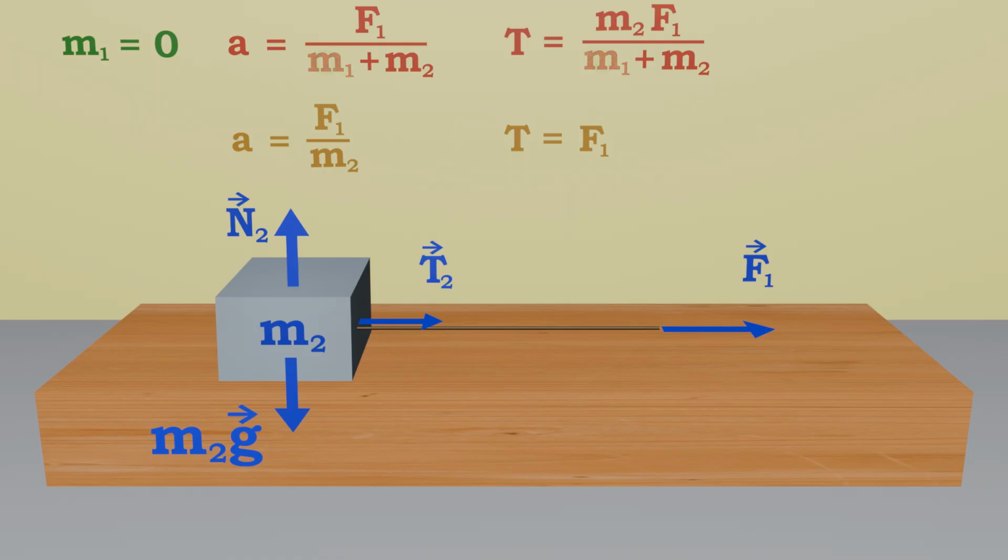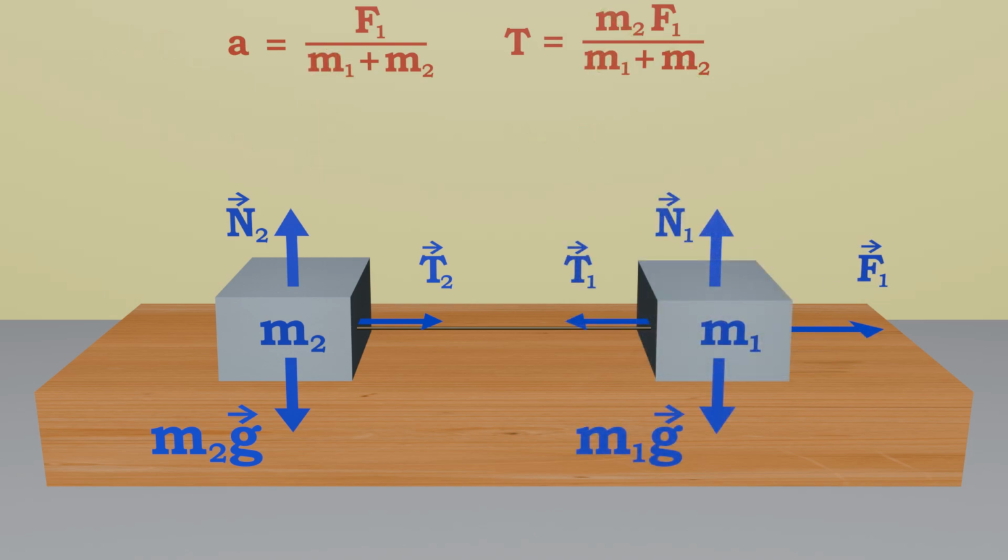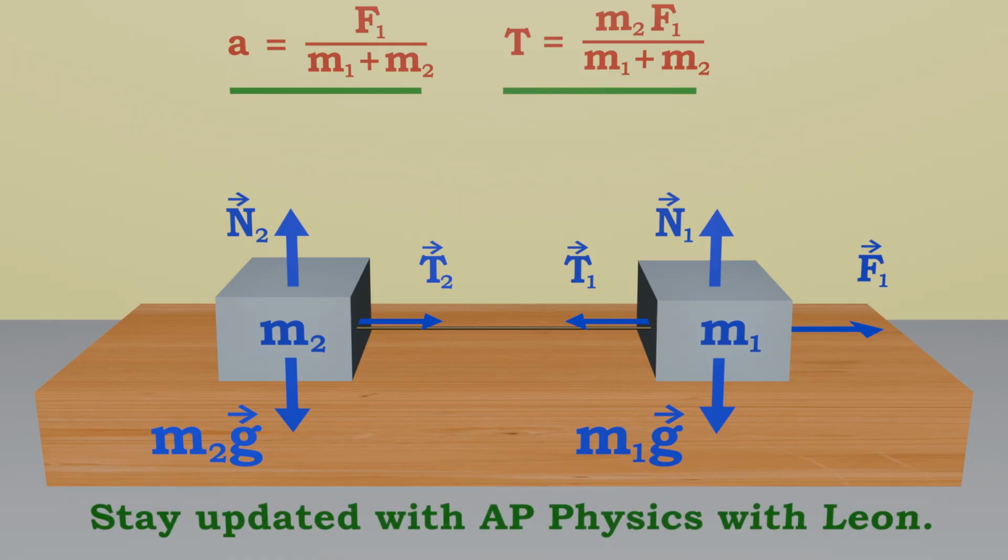By substituting 0 for m1 in the formulas, we can clearly see that the acceleration equals F1 divided by m2, and tension equals F1. So, we see that our formulas have successfully passed all the tests and give the results we would expect intuitively. This confirms that we've solved the problem correctly.